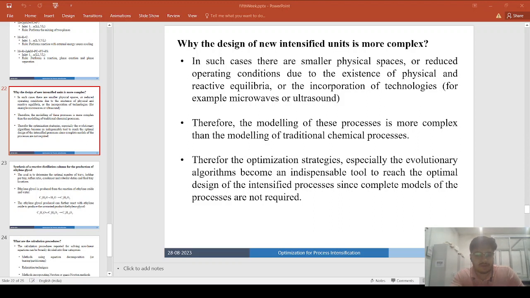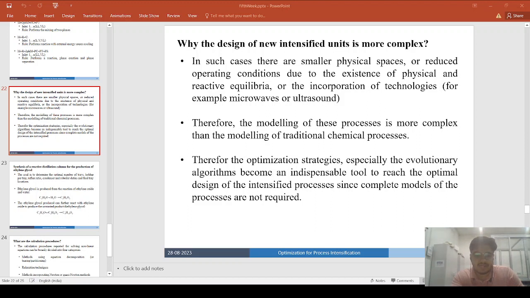These reduced operating conditions are due to the existence of physical and reactive equilibria, or the incorporation of a technology, for example microwave or ultrasound. So it is not just a reduction; it might also involve a new type of technology like microwave or ultrasound that might never have been incorporated in a given intensified unit. Therefore, the modeling of these processes is more complex than the modeling of traditional chemical processes.